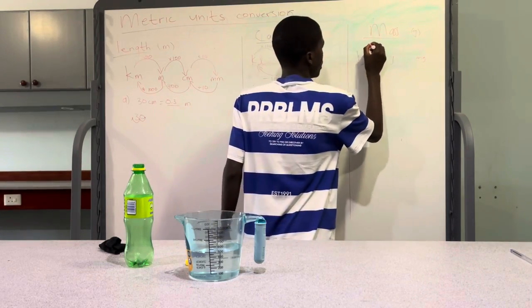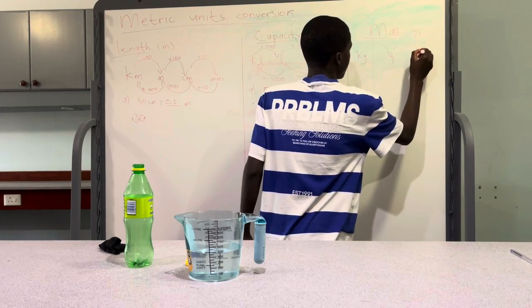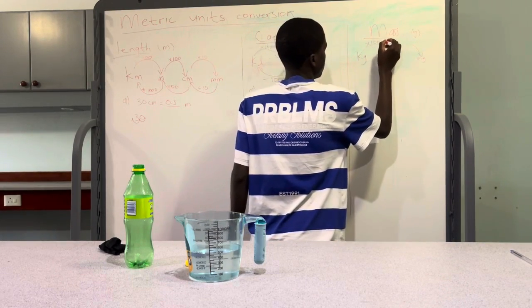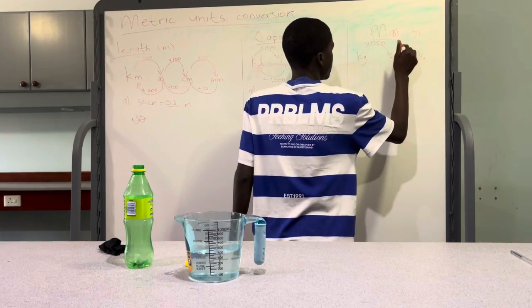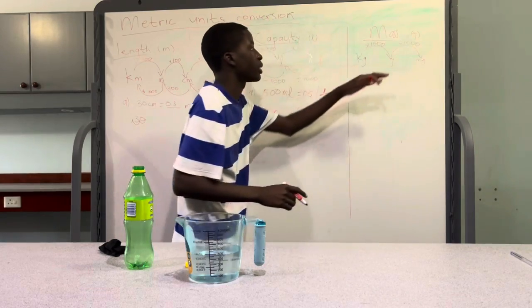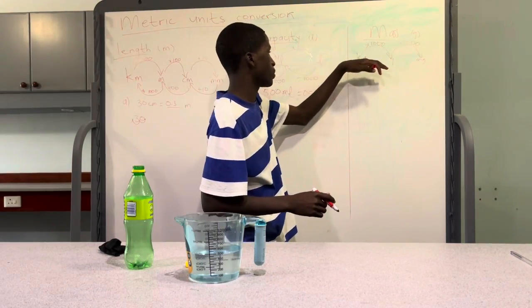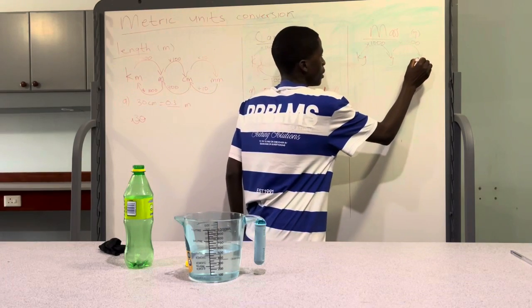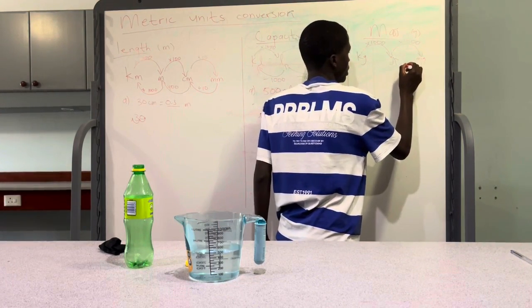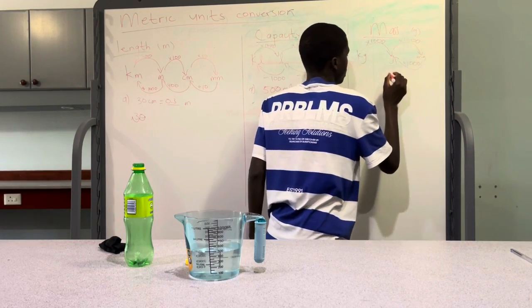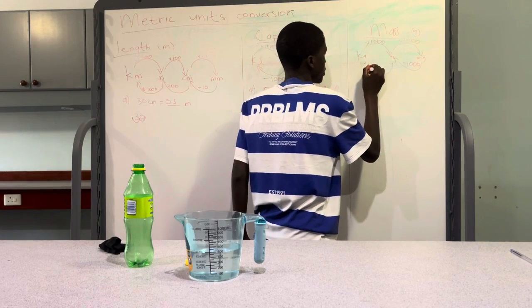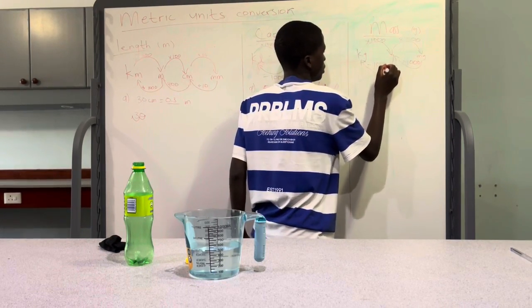If you are converting from kilogram to gram, we multiply by 1000, and from gram to milligram, also multiplying by 1000. When you are converting from milligram to gram, we divide by 1000, and when converting from gram to kilogram, we are also dividing by 1000.